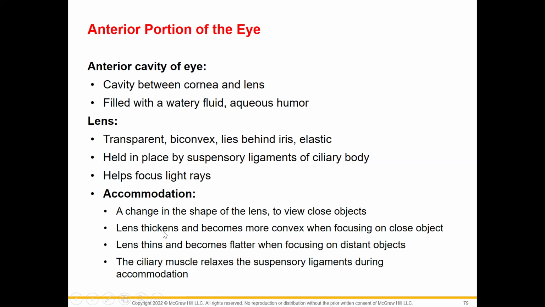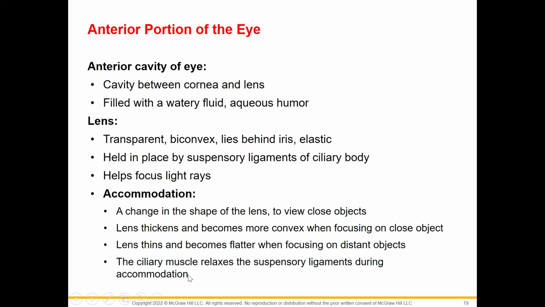The lens will thicken and become more convex when it is looking at a close object. It'll thin and become flatter when you're looking at something further away. This is how it changes shape in order to help you see better. So if you're looking from the tip of your nose to a tree in the distance, it will go from more convex and round to flatter and thinner to help you see it better.